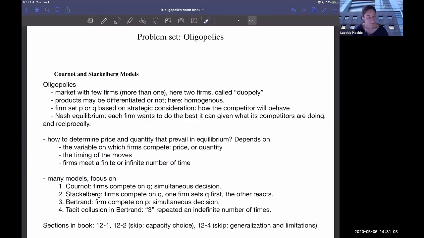So the first thing I would do to prepare for that midterm is really to go over all the problem sets and to do them at least twice, okay, to be sure that you are comfortable with them. And then in the second step, you may want to do some extra practice.